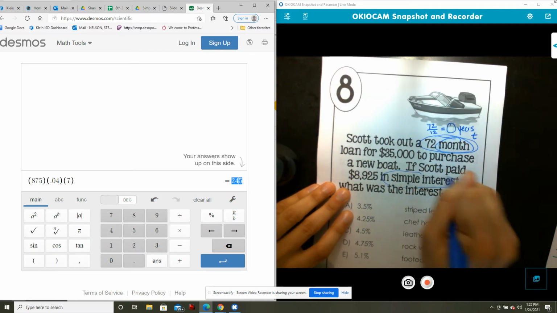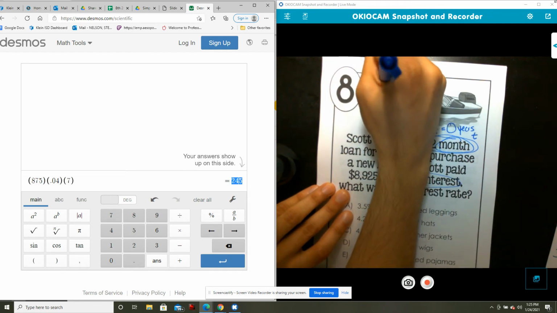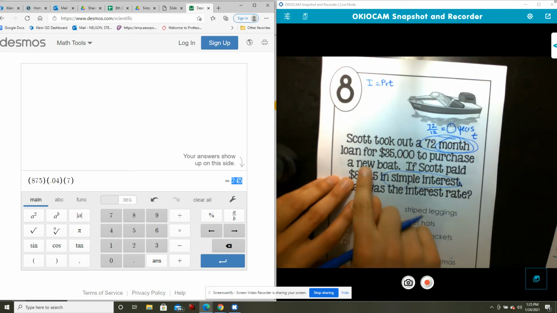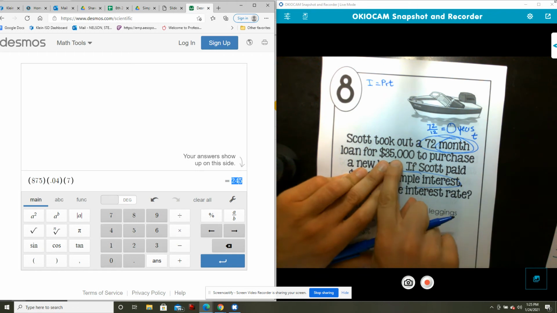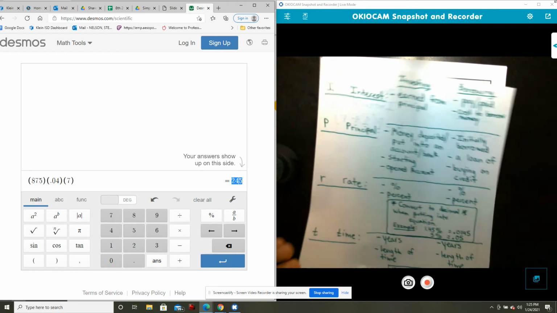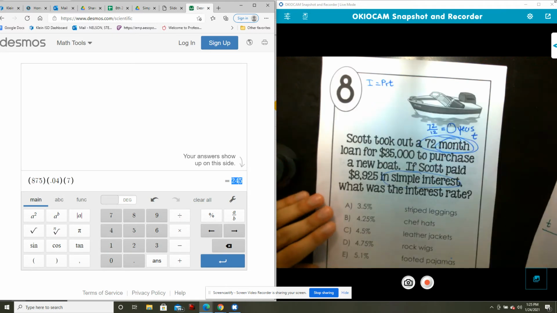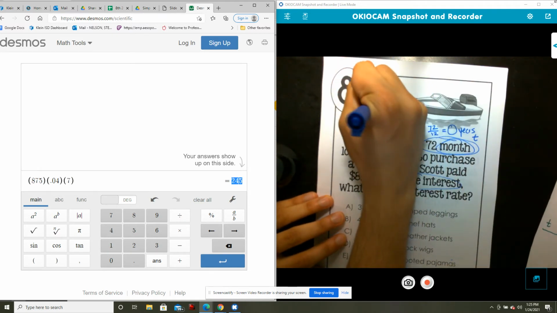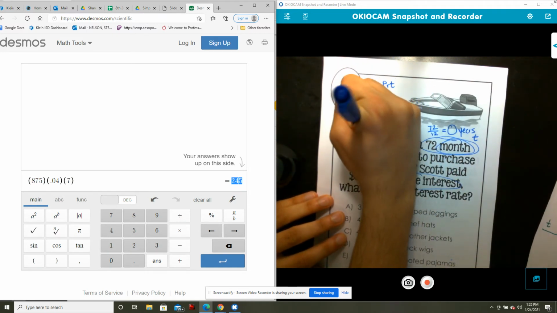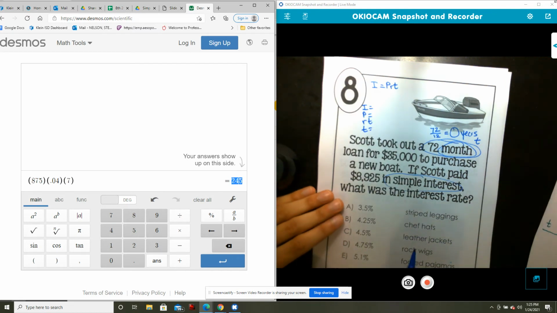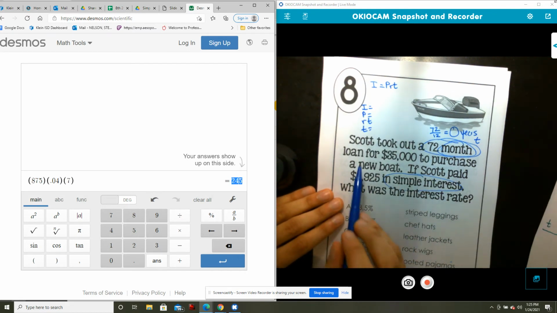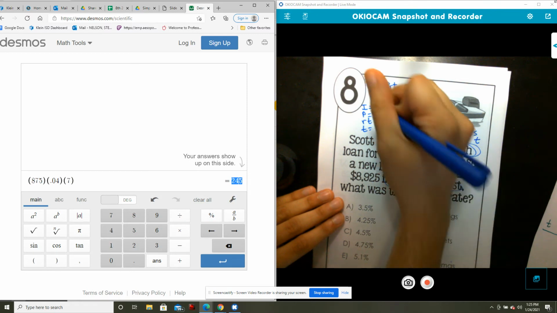So we're dealing with simple interest. So I equals PRT. Scott took out a 72-month loan for $35,000. Okay, so a loan of, so that's going to be your principal. So I equals PRT. 72-month loan for 35. Okay, so 35 here.